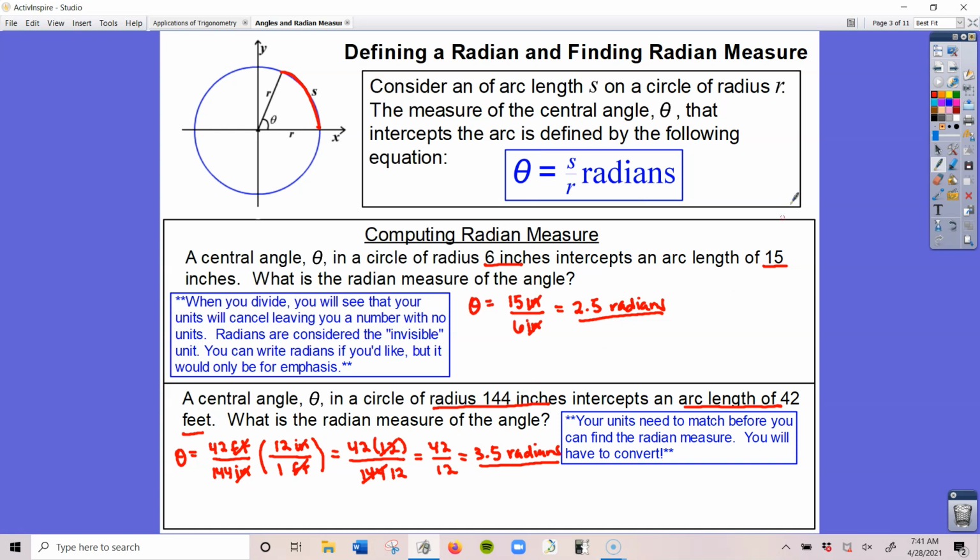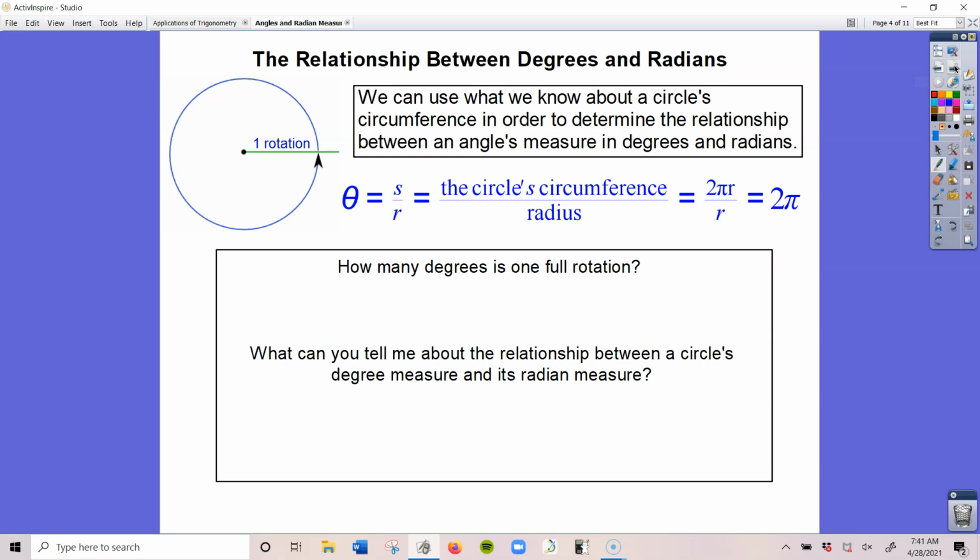Now let's look at what is the relationship between degrees and radians. So first, what we have here is a circle. Now what we know about the circumference of a full circle is that the circumference is 2 pi r. In order to determine the relationship between an angle measure in degrees and radians, we think about finding the radian measure of a full circle.